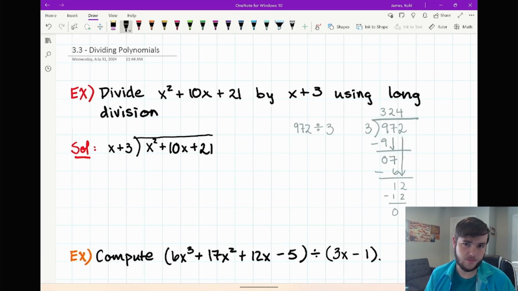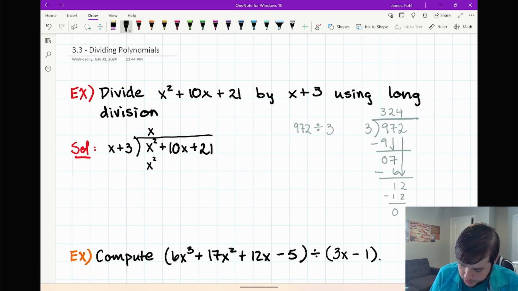Sometimes it's helpful to look at the leading term: this times what fits into x squared without going over? The answer is x. When I multiply through by x, I get x squared plus 3x. And so x squared is as close as I can get to x squared without going over.